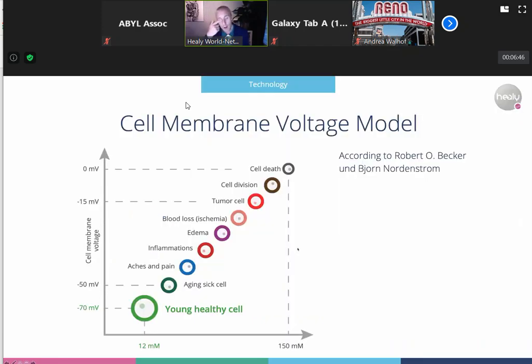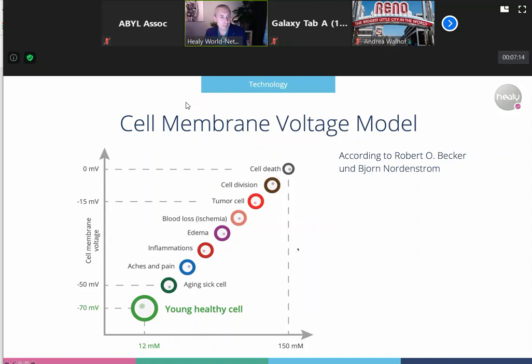When each cell is a power plant, and we have healthy cells, we have a healthy environment and it's strong, negatively charged. That strong negative charge is around minus 70 millivolt, and your cells stay young and healthy between minus 70 and minus 50 millivolt.